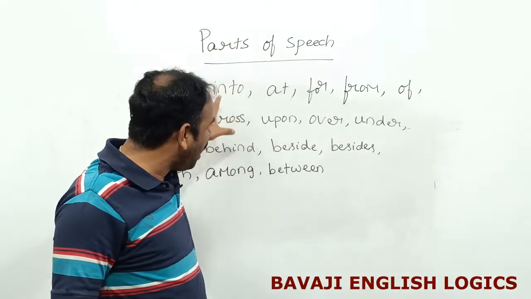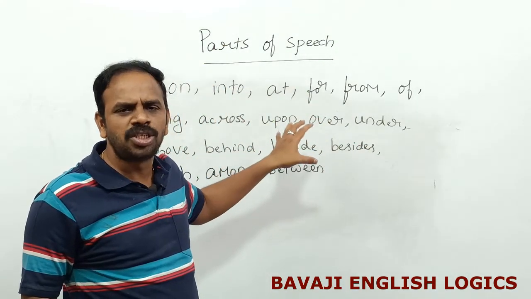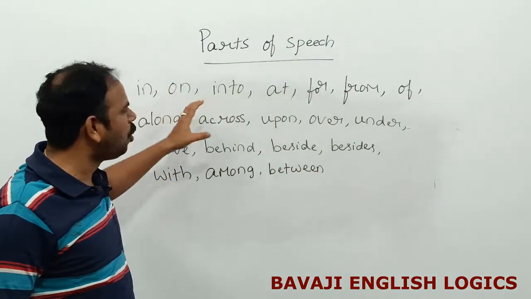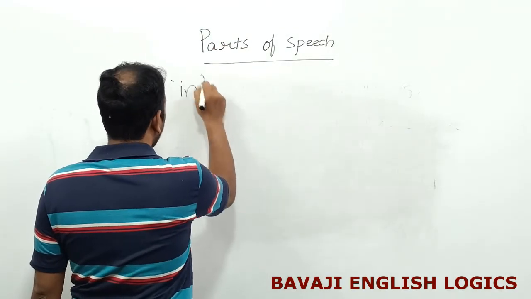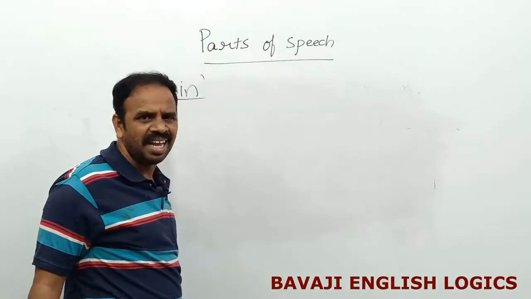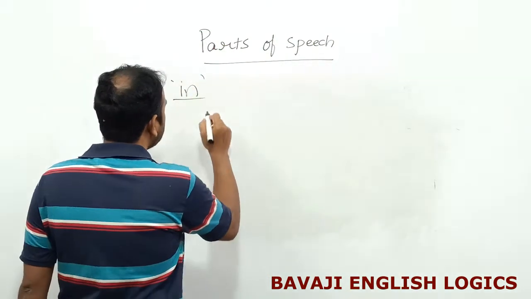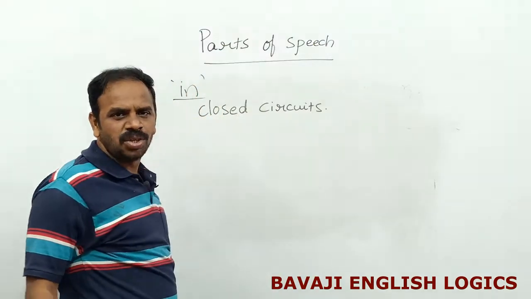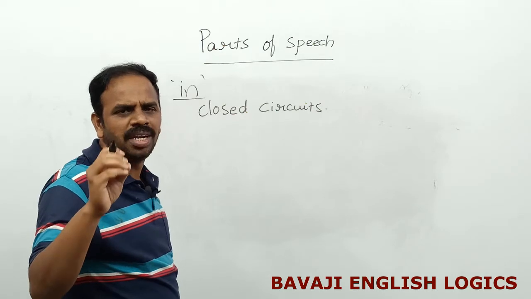For the sake of giving you a few examples, I would like to show the usage of prepositions. The use of preposition in. When do we use the preposition in? In is generally used in case of closed circuits. So in case of closed circuits, we have to use the preposition in.